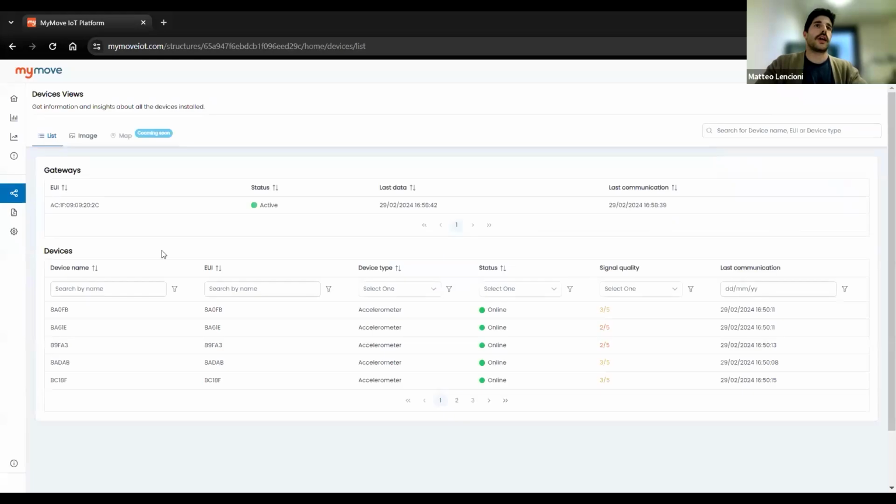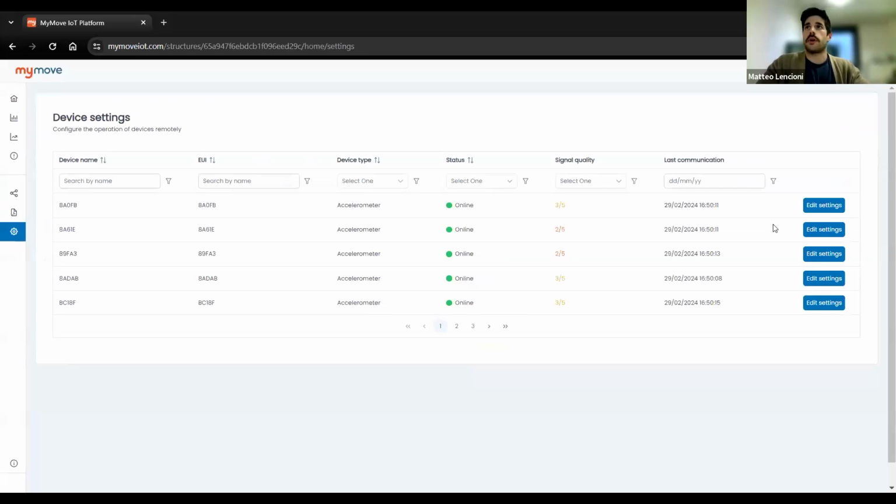Alongside that, you have a status monitor overview that shows you, on the gateways and the devices, the status of every single one of those sensors. So you can see whether or not they're online, and the last communication when it happened. So it's details of the status of every single one of your sensors, and also the quality of the communication between the sensor and the gateway.